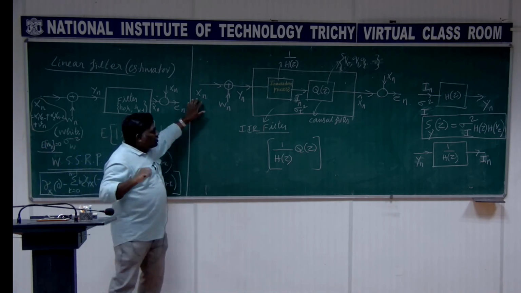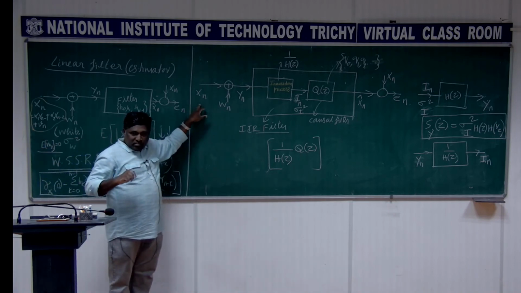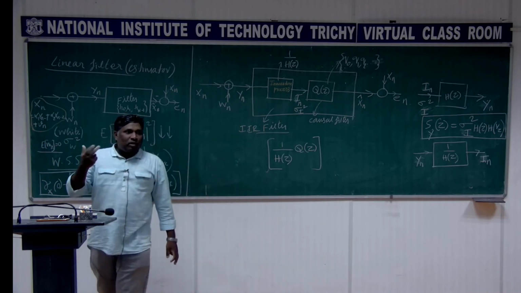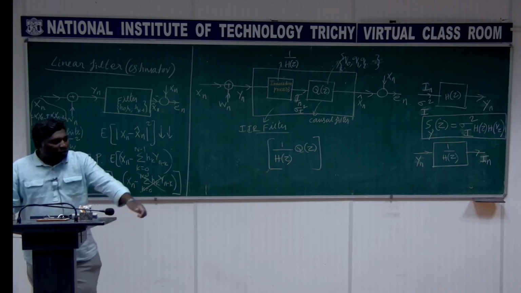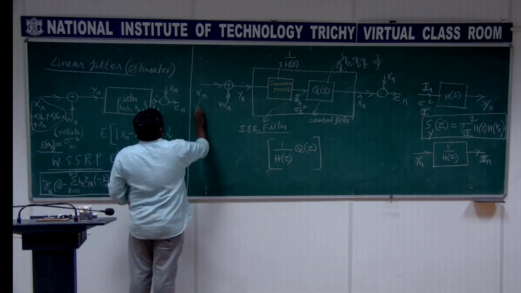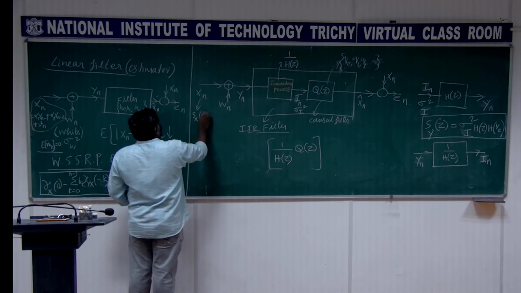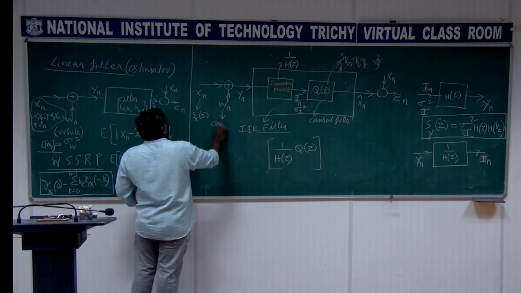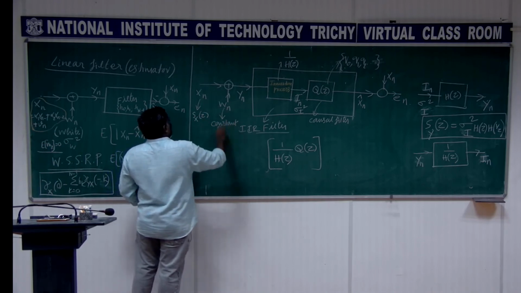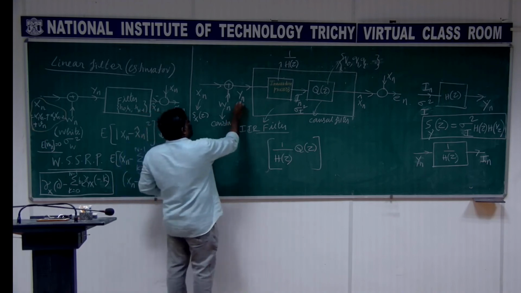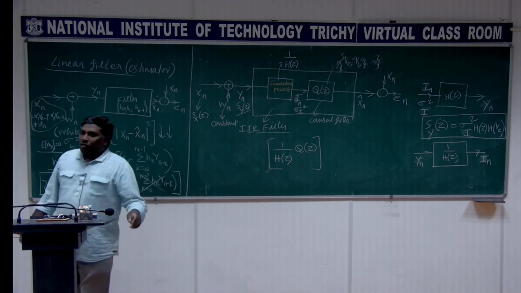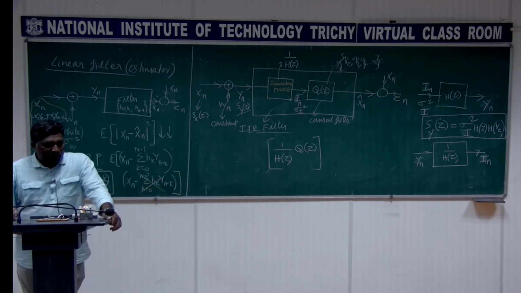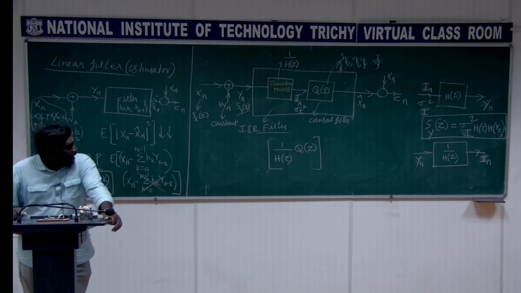But if I know the spectral density of x, that is very simple. I can take the Z transformation of the autocorrelation. So if I know the spectral density of x, Sx(z), and this is going to be that constant for white noise, we can identify the spectral density of y, Sy(z).